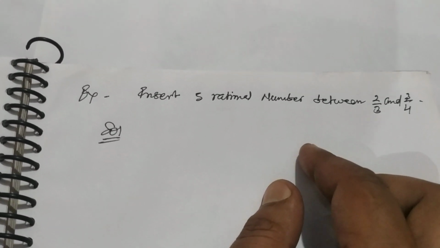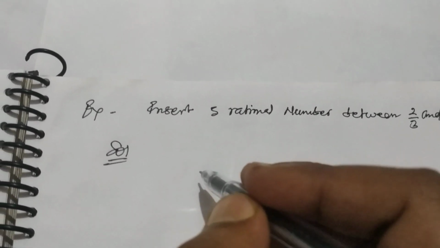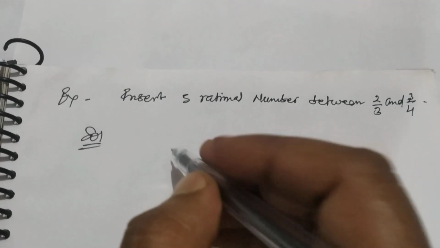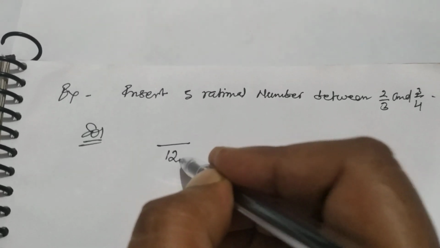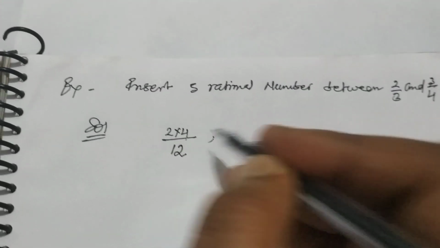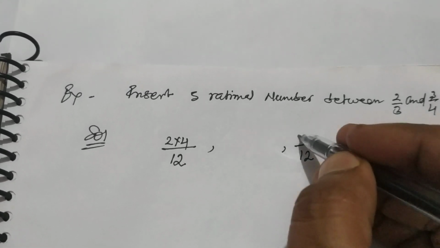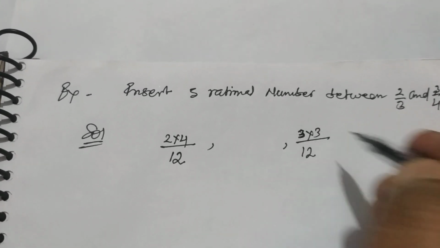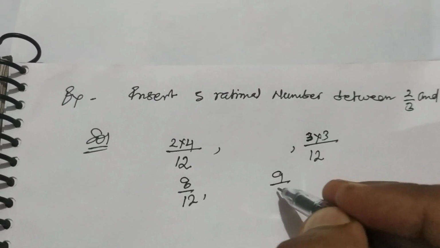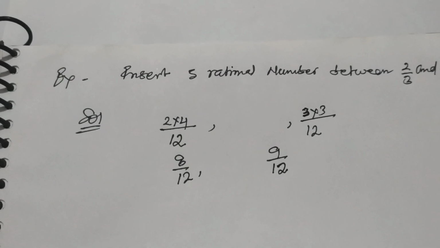First we have to take the LCM so that the denominator will be the same. The LCM of 3 and 4, the LCM of the denominators, is 12. Let's write this, it is 12. 3 4s are 12, 2 into 4, and it is 12. 3 3s are 9. This is 8 upon 12, and this is 9 upon 12.